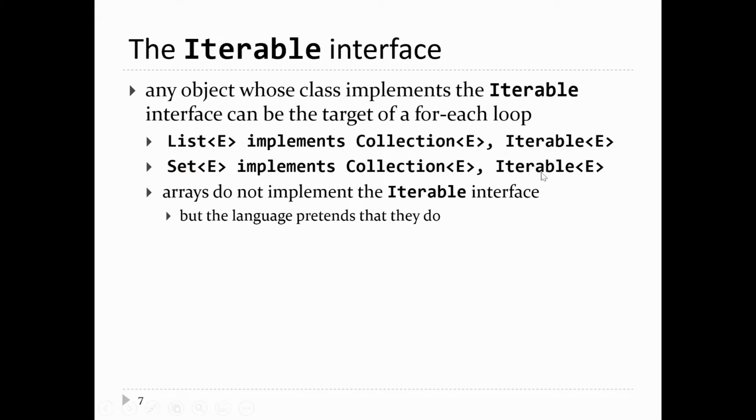Set implements the Iterable interface. Arrays do not technically implement the Iterable interface, but the language pretends that they do. You can write a for each loop for an array, although the compiler does something different compared to a list or set. If you can write for each blah in blah, then that blah implements the Iterable interface.